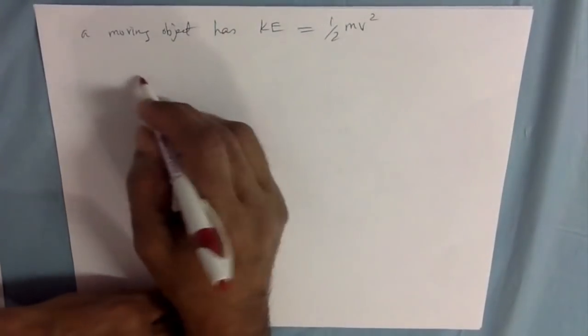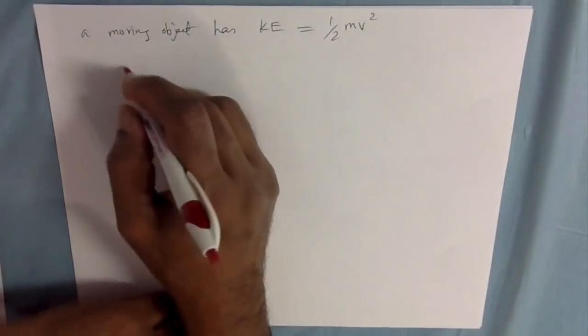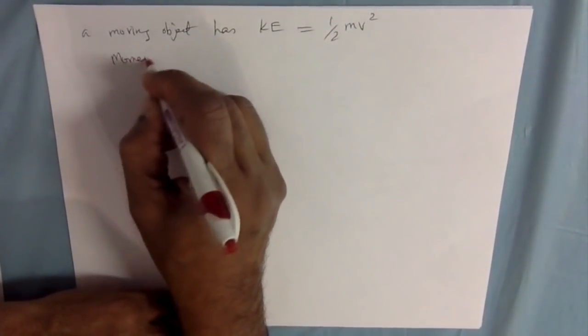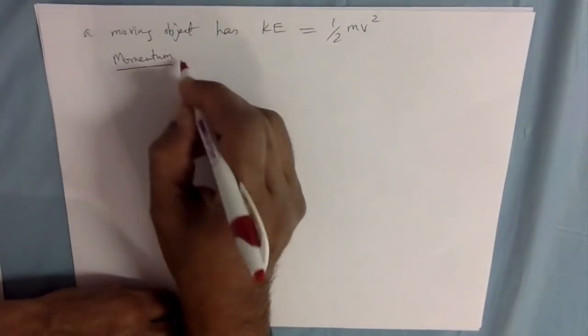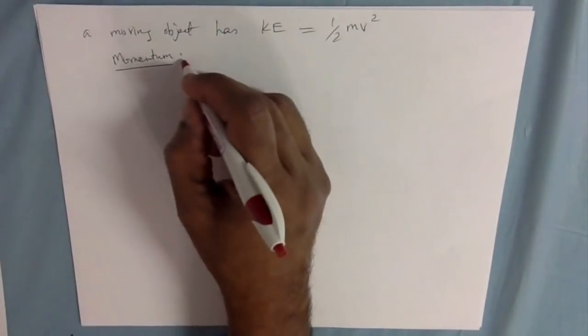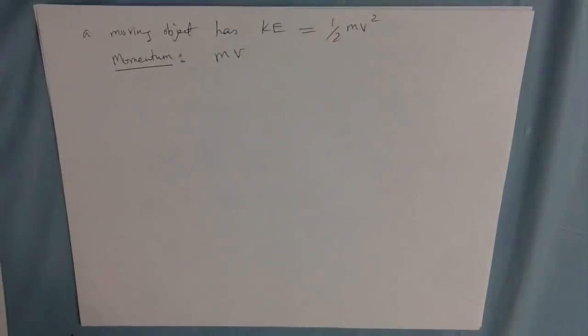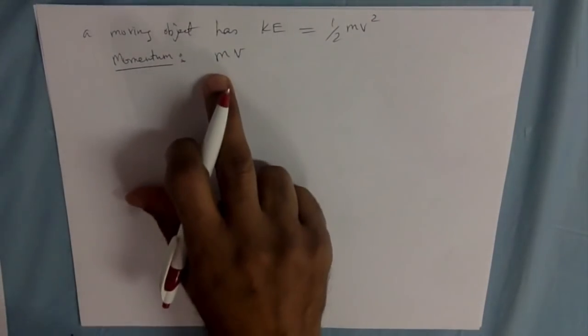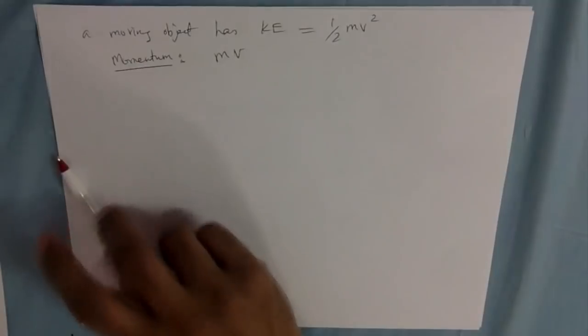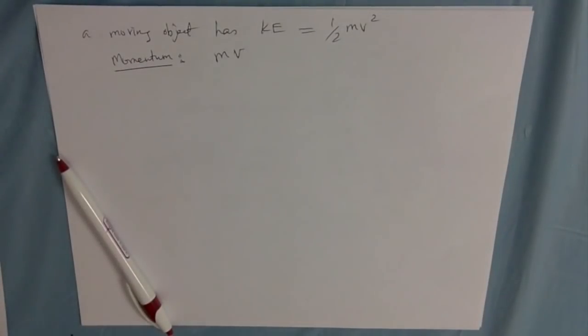Similarly, a moving object has what is known as momentum. Momentum is dependent on two quantities, which is mass and velocity. Because the more the mass, the momentum will be higher.